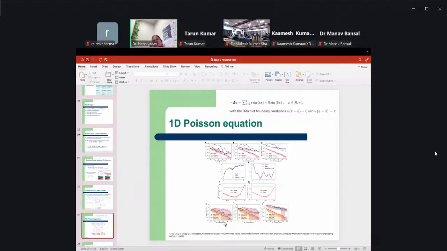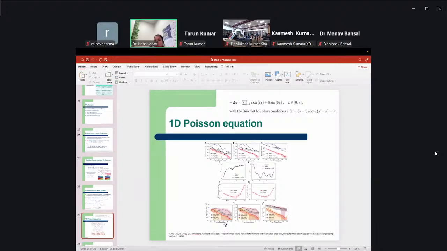Soft constraints means the loss function that we have constructed may or may not satisfy the initial or boundary condition. Hard constraints means we construct the loss function in a way that it satisfies the boundary and initial conditions.